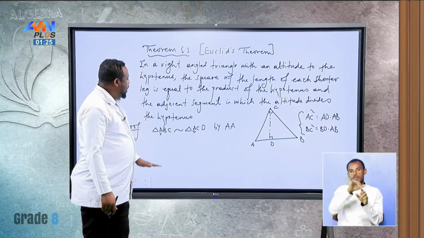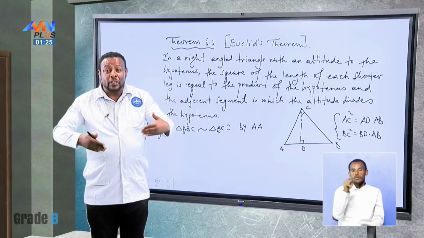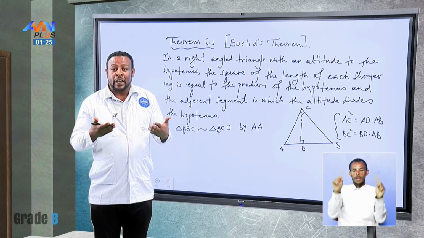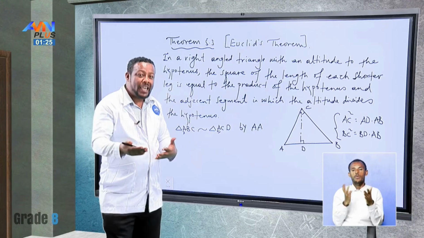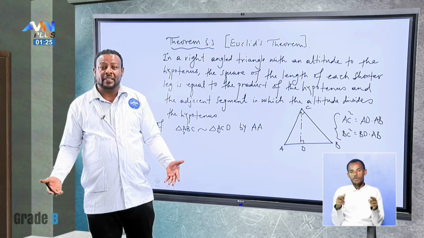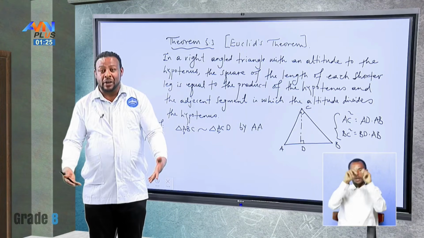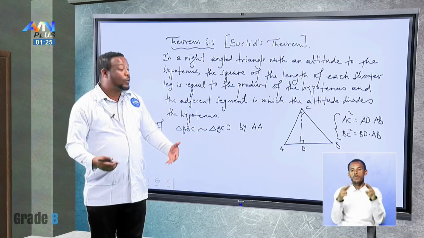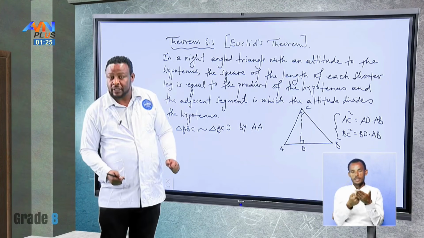Now, if you have two similar triangles, do you remember what we can say about the ratio of their corresponding sides? If two triangles are similar, the ratios of the pairs of corresponding sides are congruent. We have seen this in the previous unit.